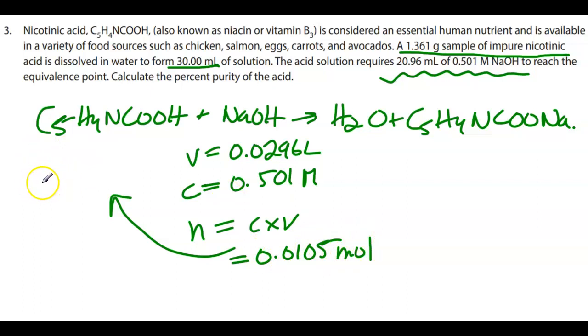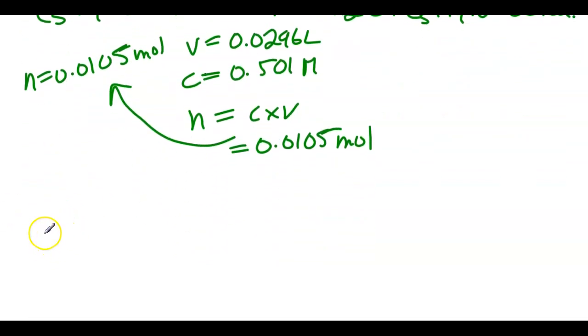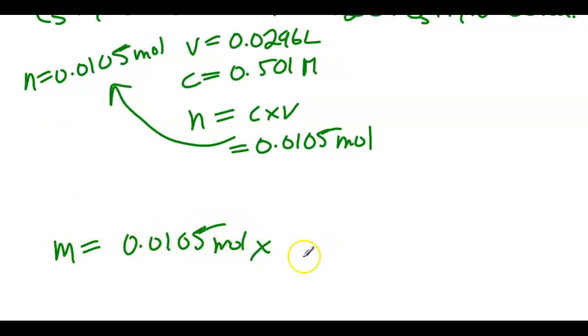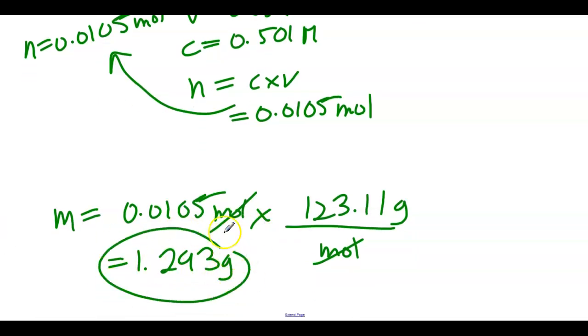Because we have our mole value of our acid, and there's nothing else we diluted or anything, that is the original moles. We can figure out the mass by doing our moles times the molar mass of our acid, 123.11 grams per mole, which gives us 1.293 grams. So this is our experimental mass from the titration.